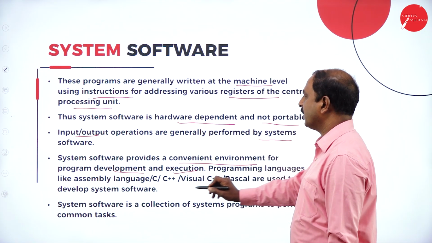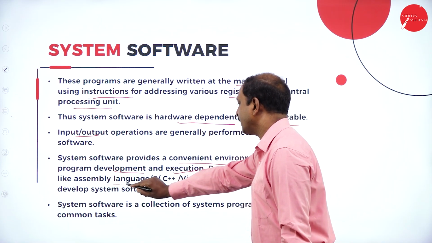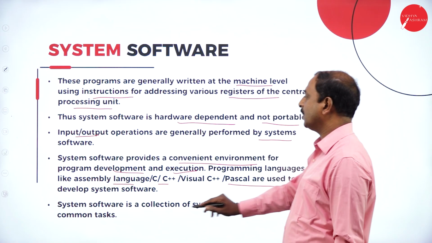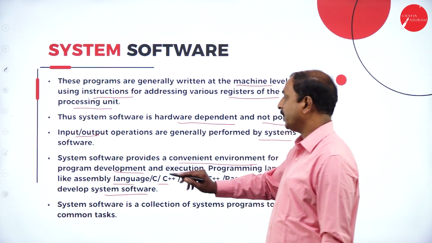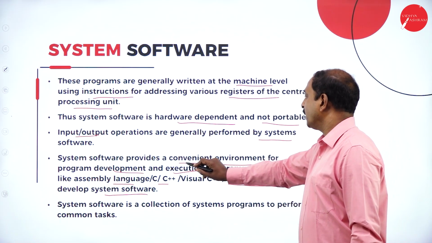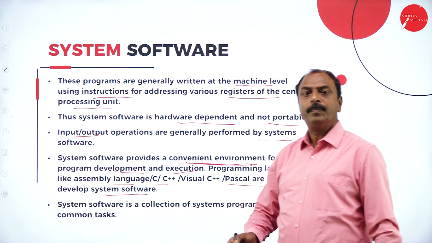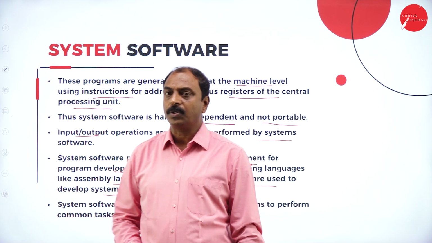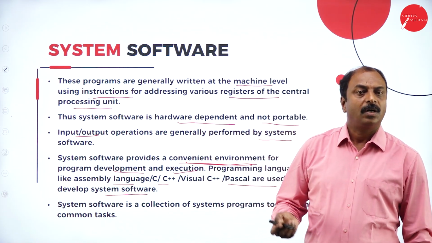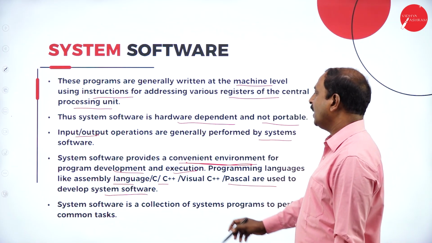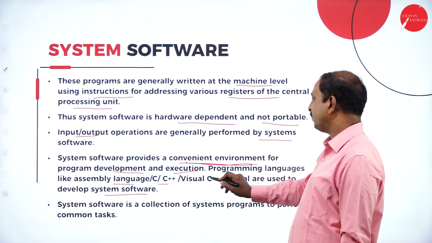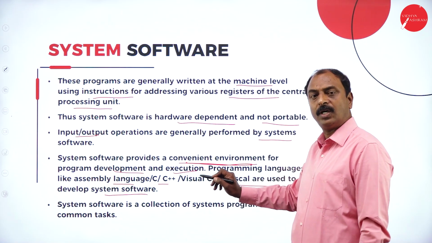Programming languages like assembly level languages, C or C++, are used to develop system software. System software provides a platform or environment for the development of different application programs. So that is system software. System software can be developed using languages like assembly level languages, C or C++, and Visual C++, and so on.